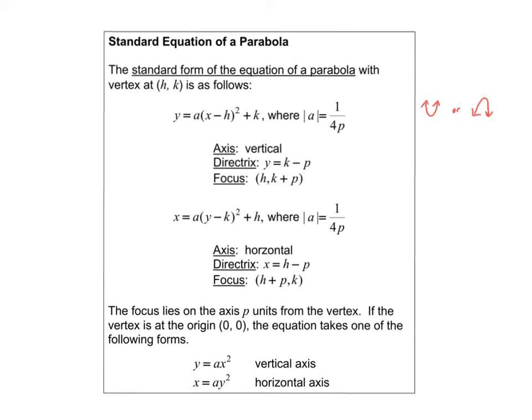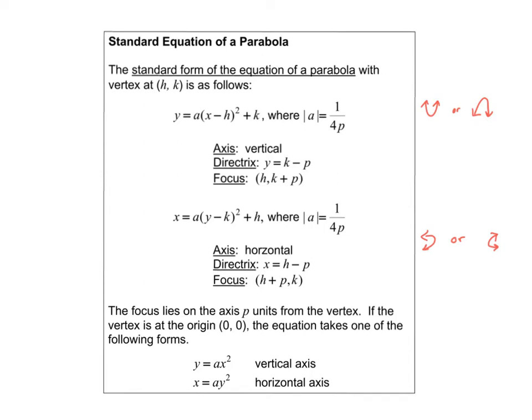If you have x equals y squared, you're going to have a parabola that opens right or left. So that's what you want to look for. Find out which of the variables is being squared.